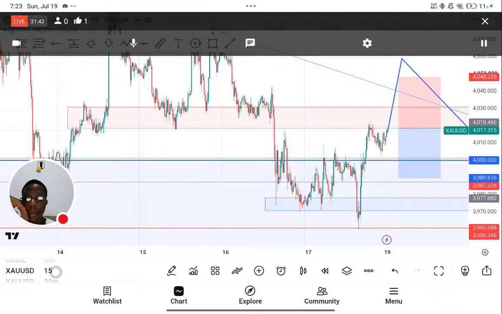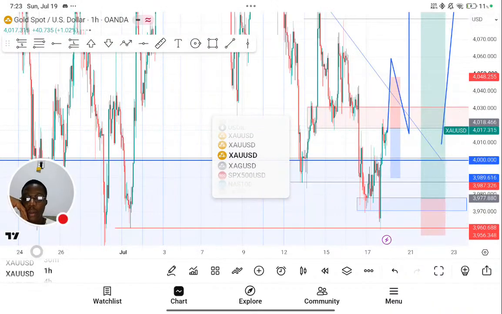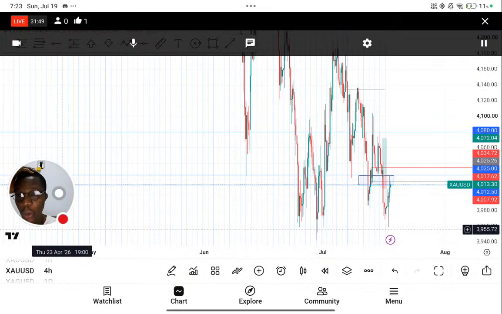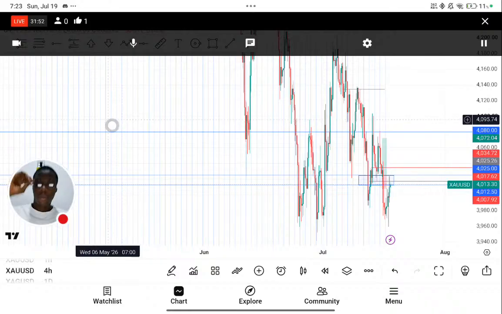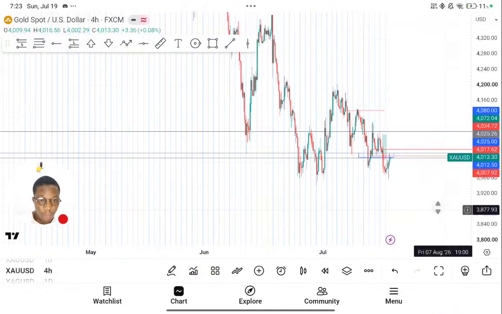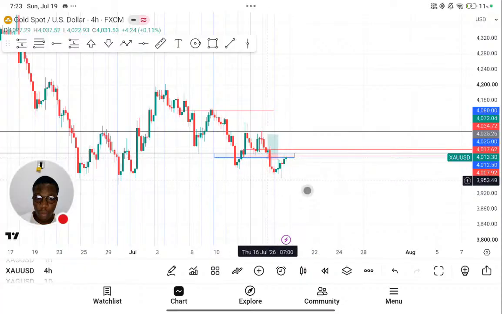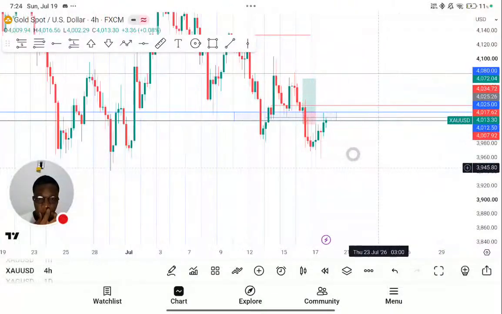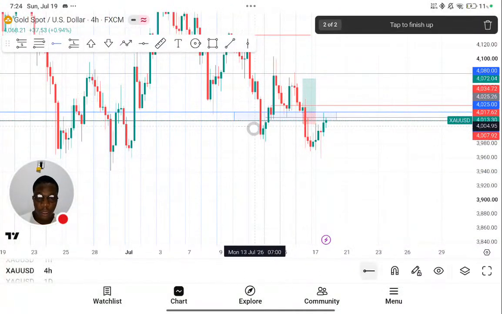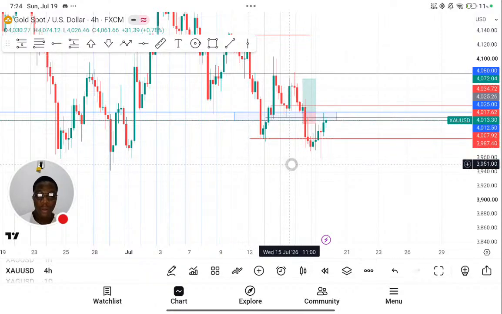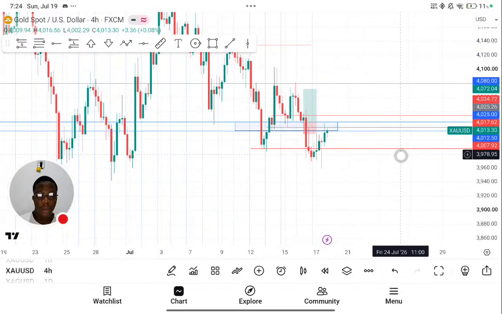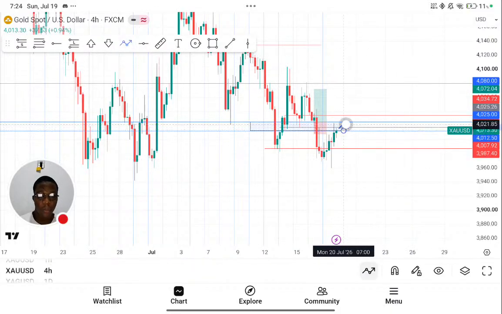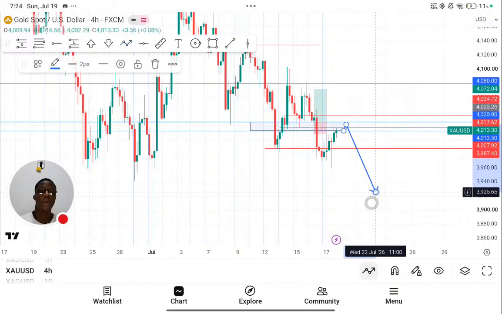Moving forward, let's look at silver. Silver moves in similar fashion to gold. You're looking at like this low was taken out. So market is coming back, retracing, continuation to the downside from this level to create another new low.